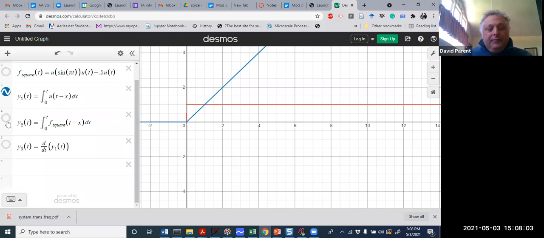But if I were to take the differential of that step, that's a little bit ugly in Desmos. But really, S in the frequency domain is differentiation in the time domain. And so this step up, it'd kind of go to infinity and back to zero.